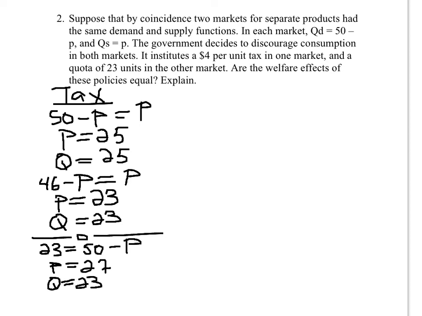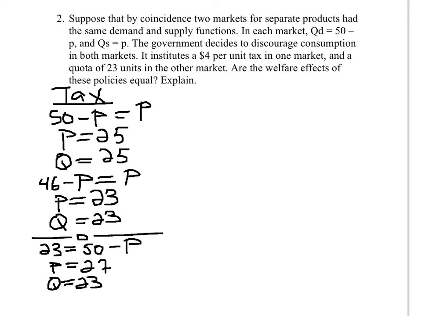So in the case of the quota and the tax, the situation is the same, but buyers are worse off by $4. I'm sorry, by $2. They were paying 25 before, and with the tax, the cost is going to be 27, $23 they pay to the sellers, and then 4 to the government. And with the quota, the price is going to be 27. So the buyers are worse off by $2 regardless.